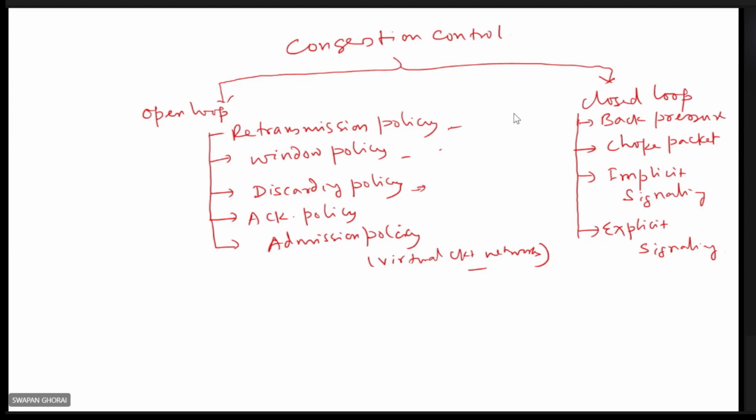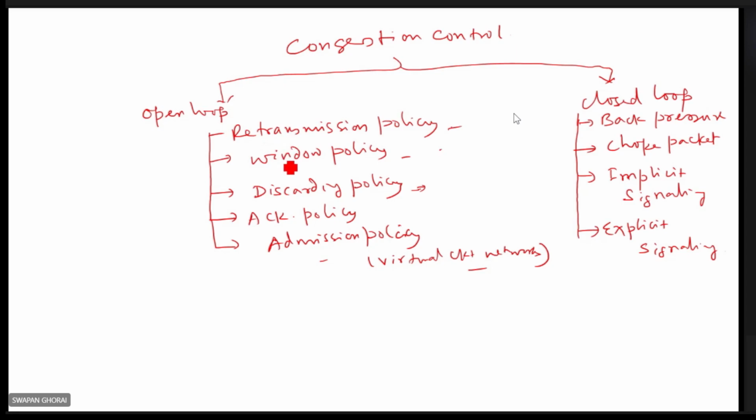A particular router can deny the establishment of a virtual circuit connection if there is congestion in the network. So that is the admission policy. These are the different policies for congestion control under the open loop category.